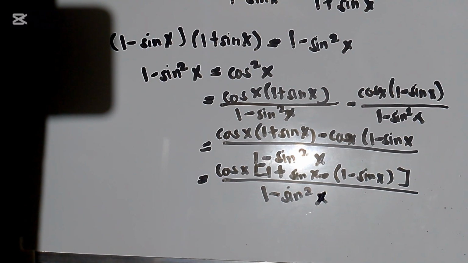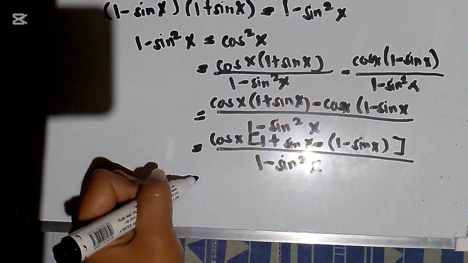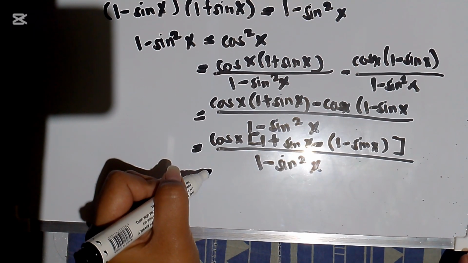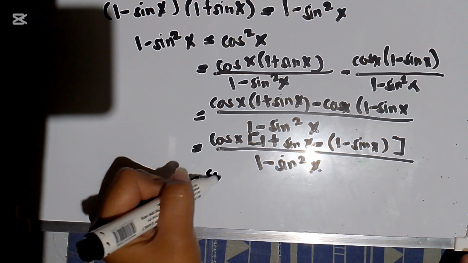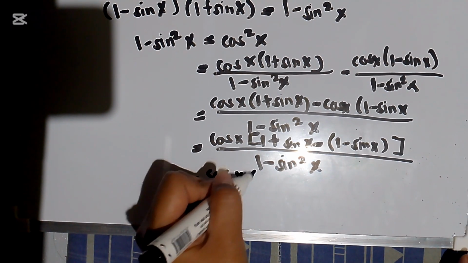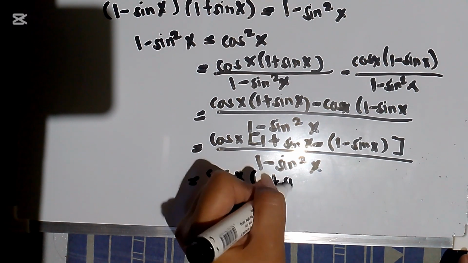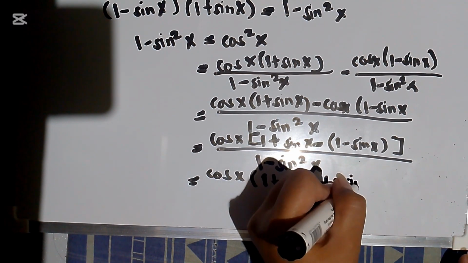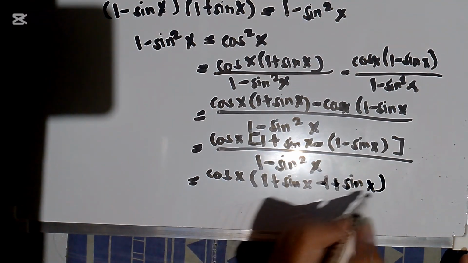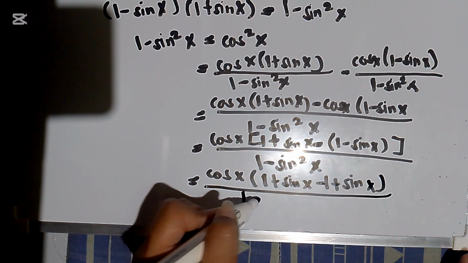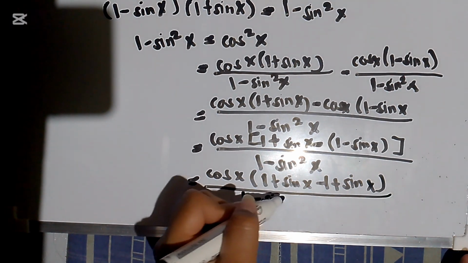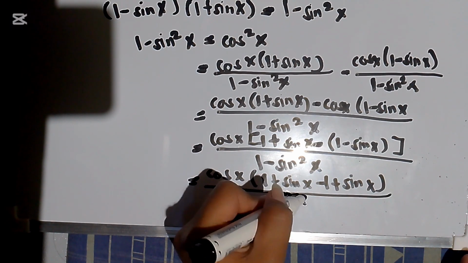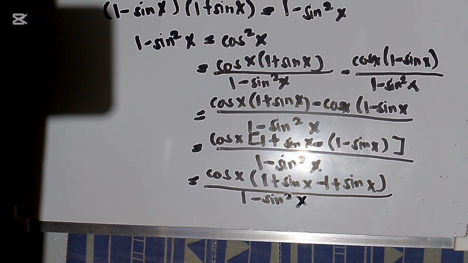Next, distribute the expression. So this is going to be equal to cos x (1 + sin x - 1 + sin x) over (1 - sin squared x).